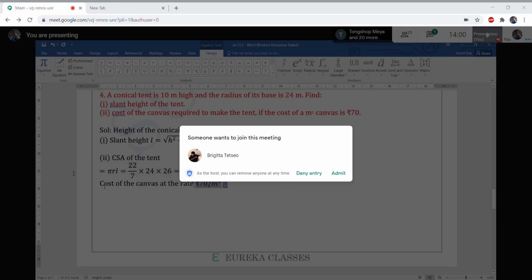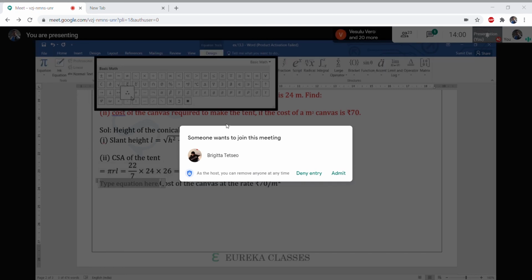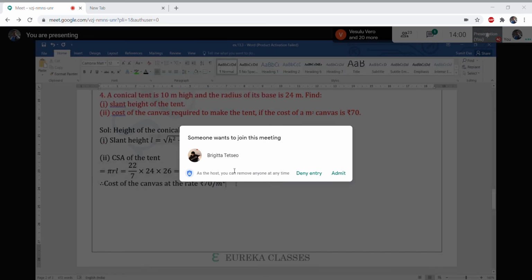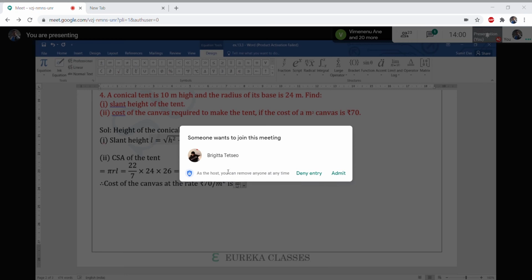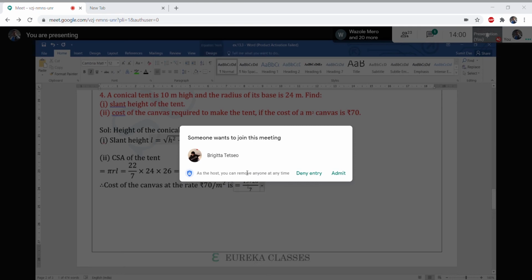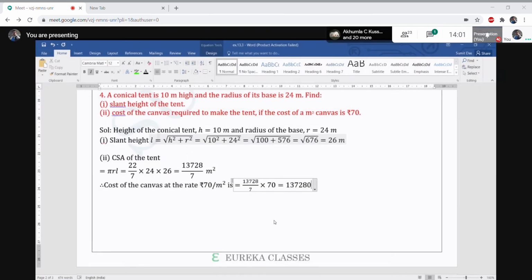Cost of canvas at this rate, you have to multiply by 70, right? And if you multiply by 70, look, this 7 will cancel, it is equal to 13,728 into 70 by 7. Now look, this 7 and 7 will cancel, so it will be 7280 rupees.